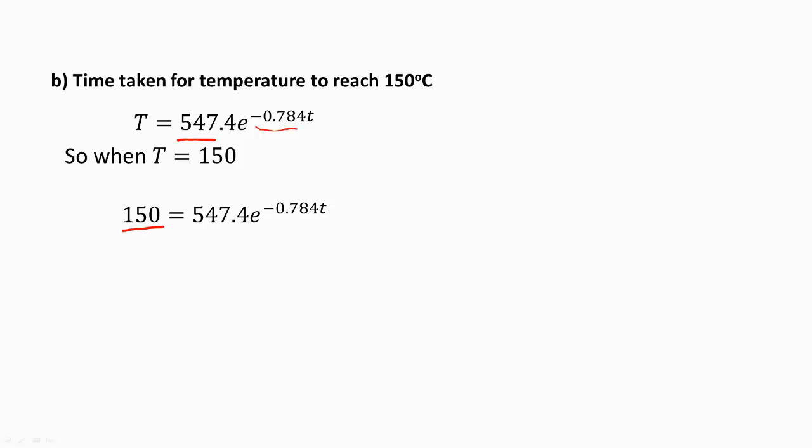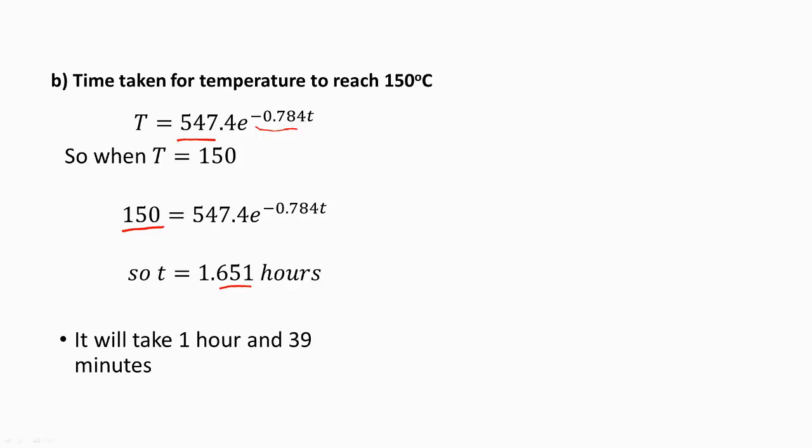You can solve that directly on your calculator, and that will tell you it takes 1.651 hours. Now, we don't like 0.651 of an hour, you wouldn't say I'm going to meet you in 0.651 of an hour, so you need to convert that into minutes. So that's 1 hour and 39 minutes to reach the temperature of 150 degrees.